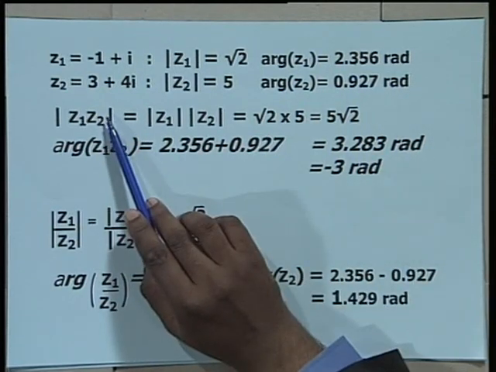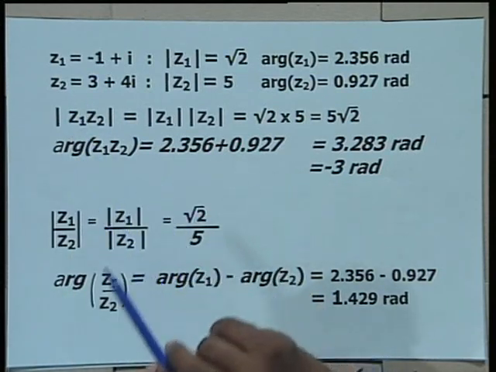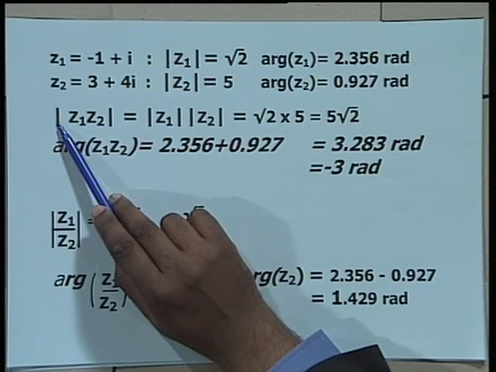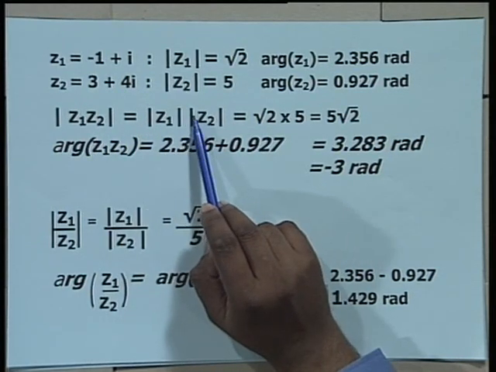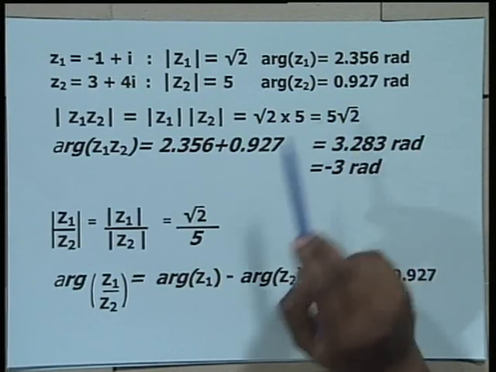We want the modulus of the product without multiplying z1 and z2. So using the previous formula, the modulus of z1 times z2 would be the product of the modulus of each. So it will be root 2 times 5, 5 root 2.